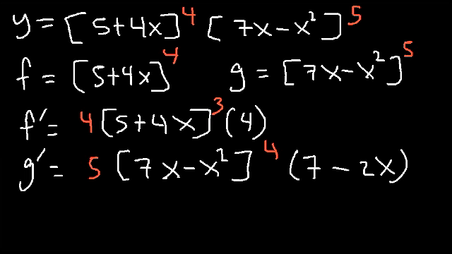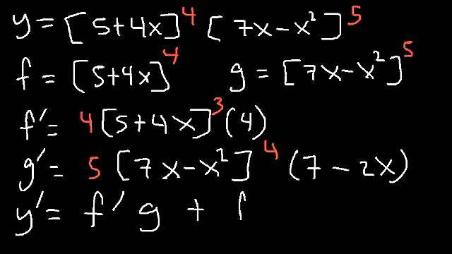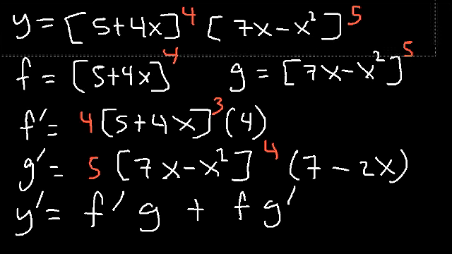So to use the product rule, y prime is going to be f prime g. You differentiate the first part and keep the second part the same, plus f g prime. Keep the first part and then differentiate the second part. So let's see if we can make some space.